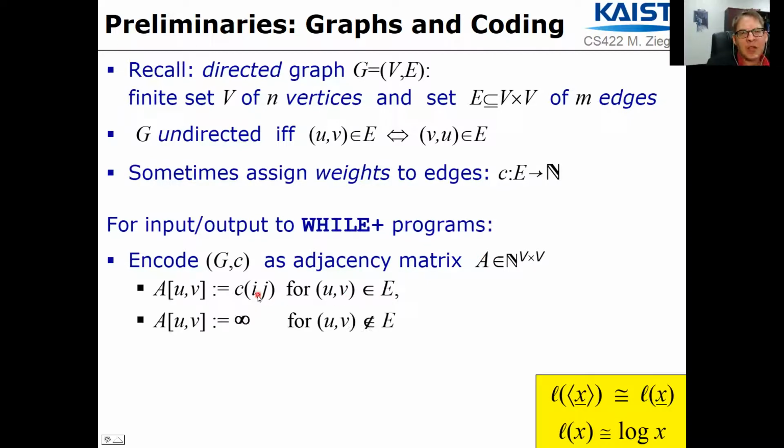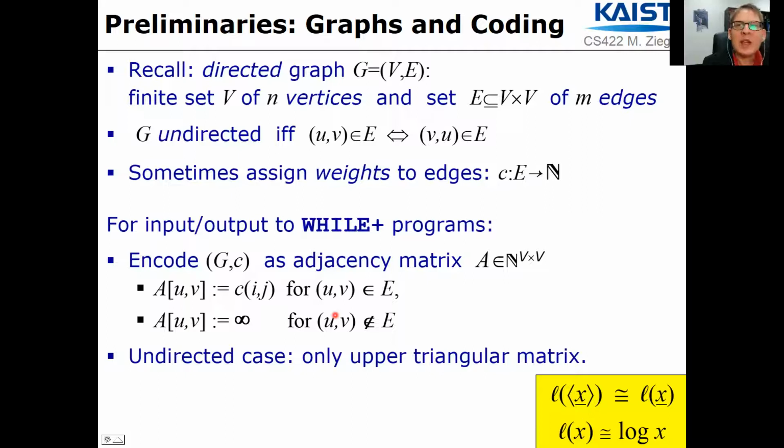And if there's no edge, then we agree to the convention to say that the entry in the adjacency matrix is infinite. For most practical purposes, one can instead also choose some very large natural number, much larger, for example, than the largest weight that is assigned to an edge that is actually present.